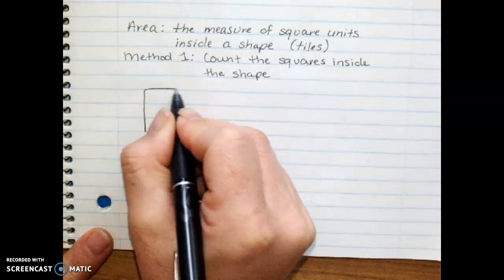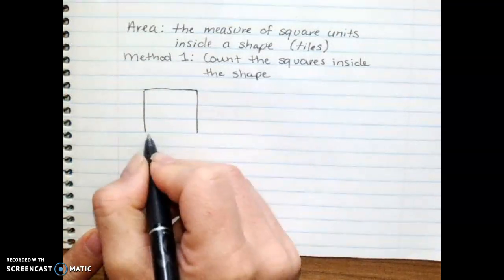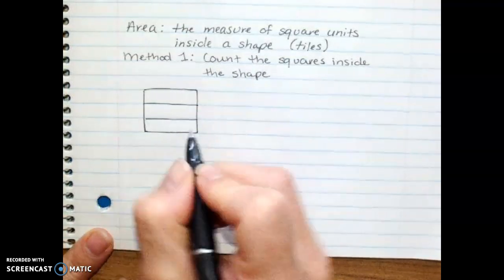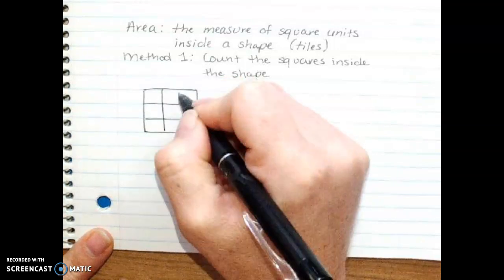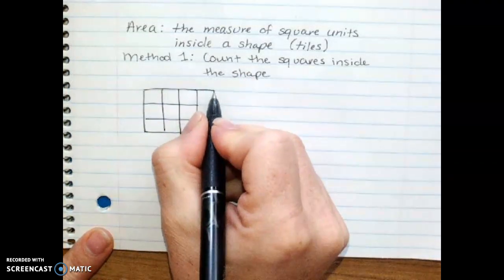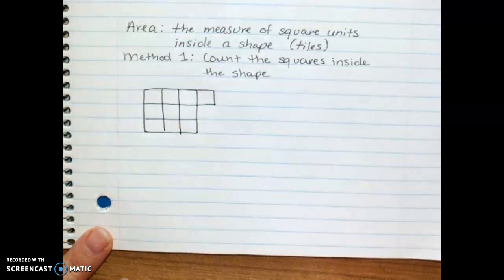Draw a square that is 3 lines high and divide it so it is 3 squares tall and 3 squares wide. Add that extra square to make it irregular.